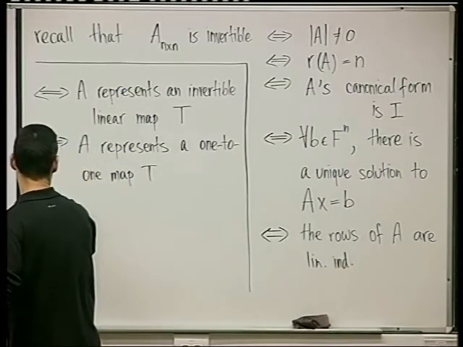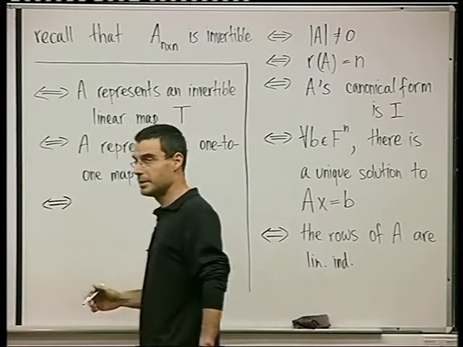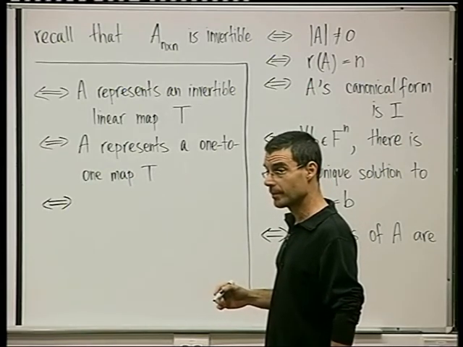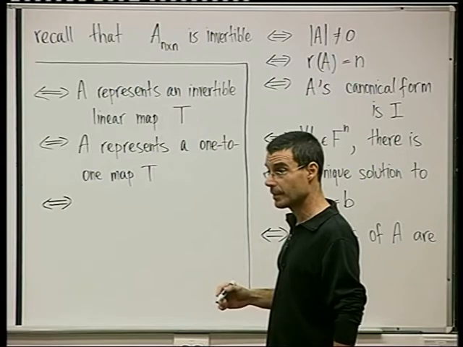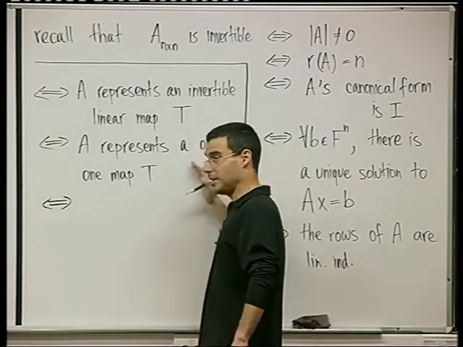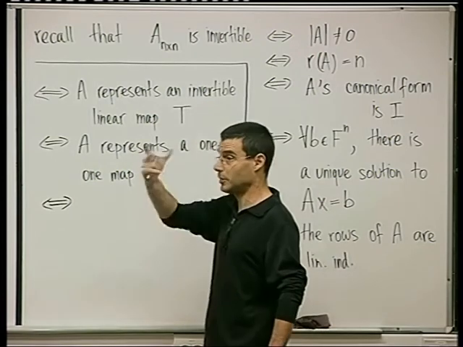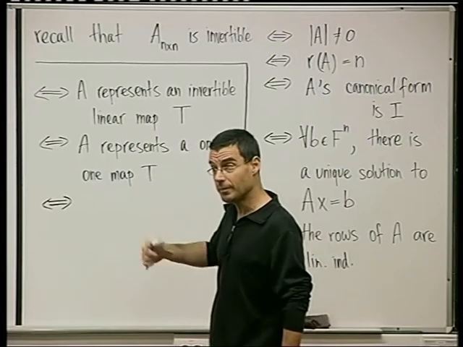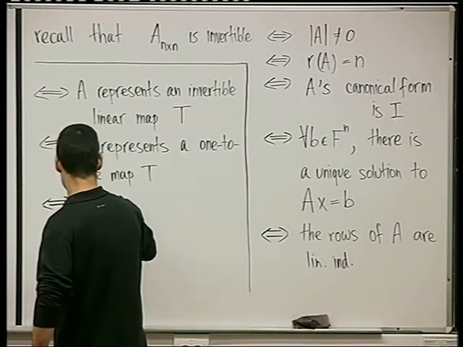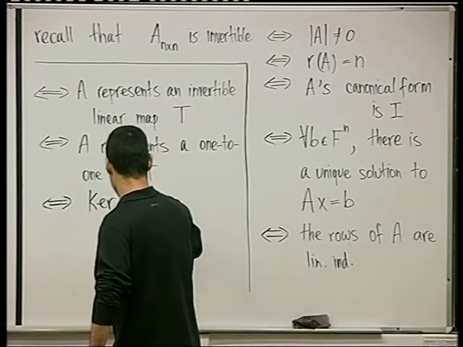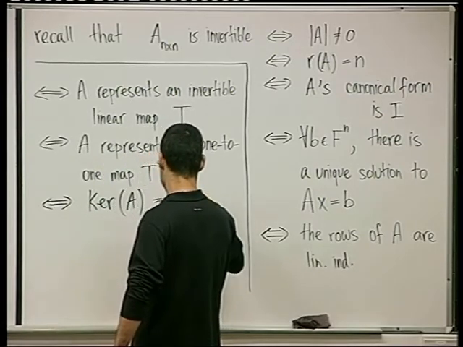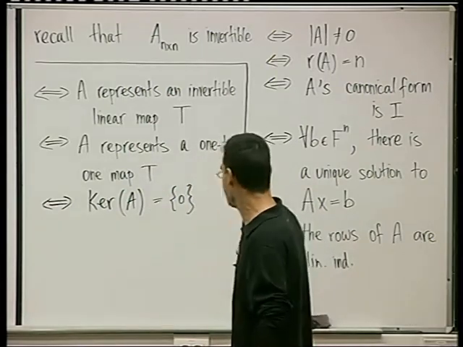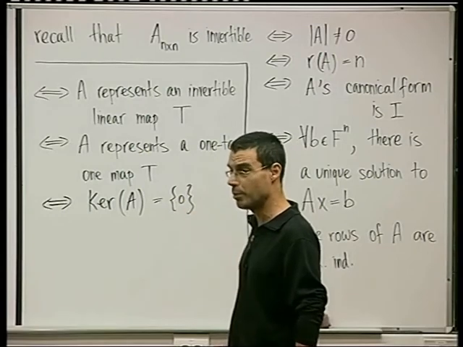And if T is a one-to-one map, what is that equivalent to? Well, that's hidden in here, but something that sounds completely different: the kernel is 0. And the kernel of T and the kernel of A are the same thing, right? So the kernel of A, or the null space, is 0. Do you agree that just using the terminology, we can basically continue this list for another 3 boards?